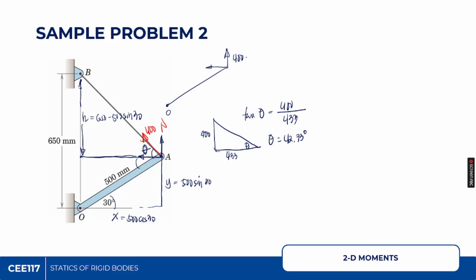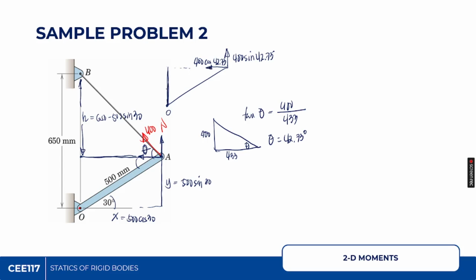Opposite na. So, that is 400 sine 42.73 degree. Kapag opposite, sine yan. Ito naman, this is 400 cosine of 42.73. So, nakuha na natin. So, we can directly solve for the value of the moment, no? So, kunin muna natin yung mga perpendicular distance. Ito, 400 cosine 42.73.